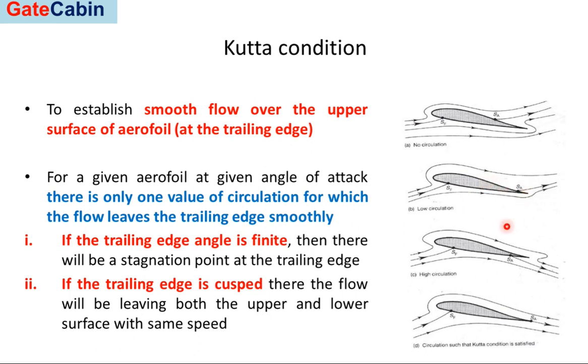So with a given value of circulation, it is possible to have a flow over the aerofoil leaving the trailing edge smoothly. This is one of the most important conditions, which is very difficult to attain in real life, particularly at very high speed conditions.